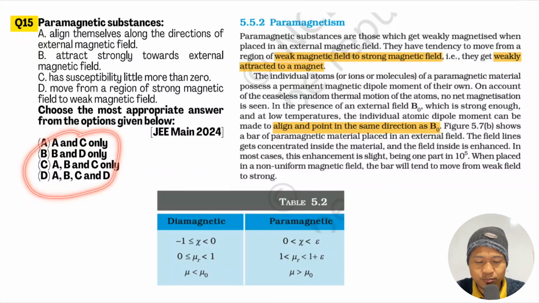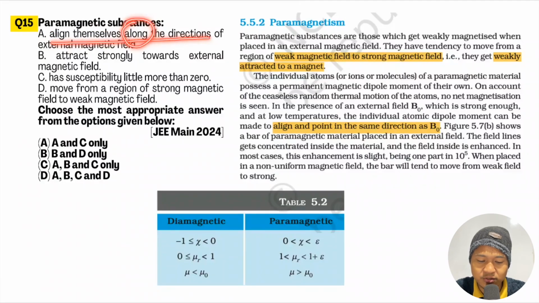Point 1: paramagnetic substances have aligned themselves along the direction of the magnetic field. So the first one is correct. Another says they are attracted strongly, but paramagnetic substances are weakly attracted, so B is wrong.